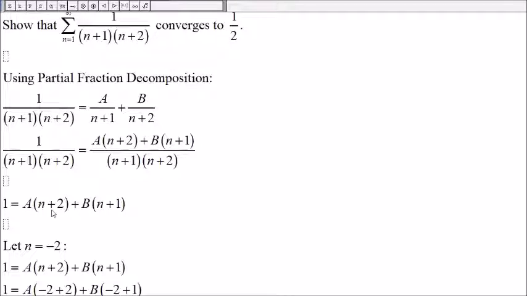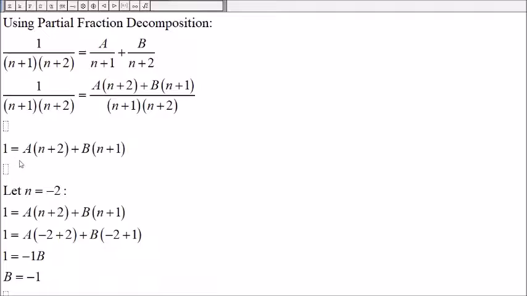What we can do is look at the factor next to the constant a and find something that will make this factor 0. So we let n be negative 2, and then negative 2 plus 2 is 0. 0 times a is 0.